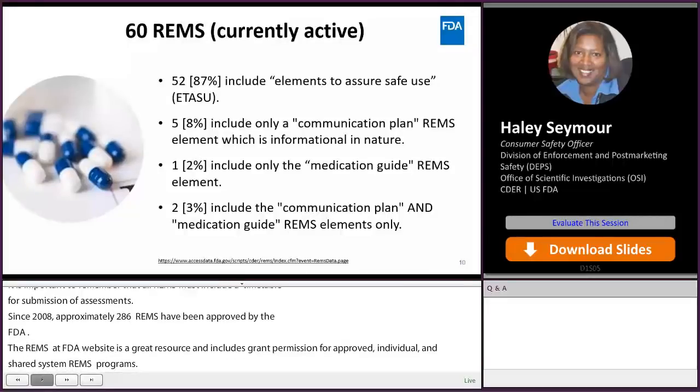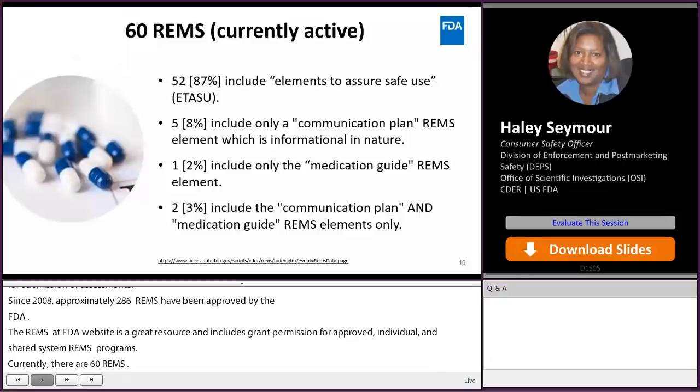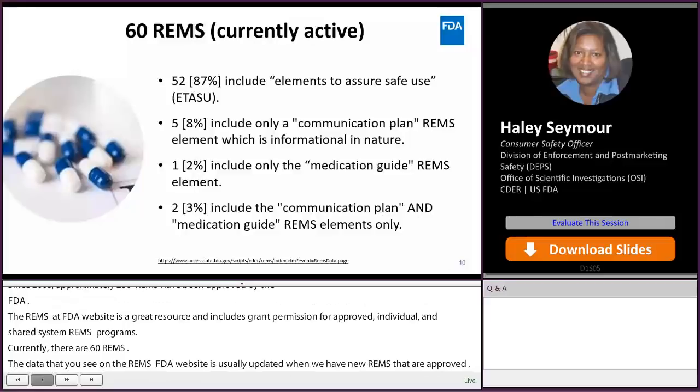The data that you see on the REMS FDA website is usually updated when we have new REMS that are approved. About 87% of all REMS that we currently have are elements to assure safe use.